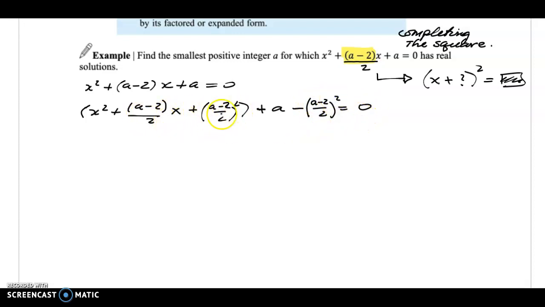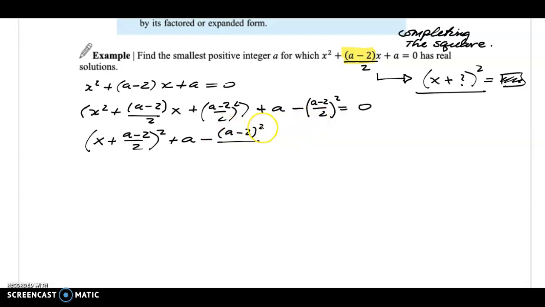Now I can compact this to make it look like that, because you just expand them out. That's just FOIL. So really what I get here is x plus (a minus 2) all over 2, squared, plus a minus, well, I'm going to expand this out, adding one step here, though you don't necessarily have to.